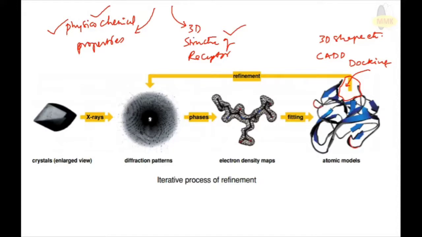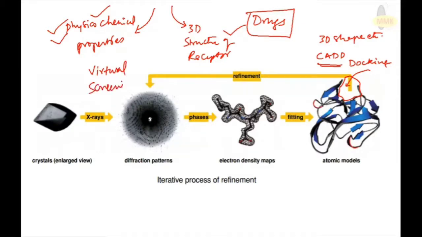In either case, we can use computer-aided drug design tools to design drugs. This is only an outline. We will discuss in detail what the physicochemical properties are, how they influence biological activity, and how they can be calculated and used as statistical models for pre-screening molecules. This is also called virtual screening methods.